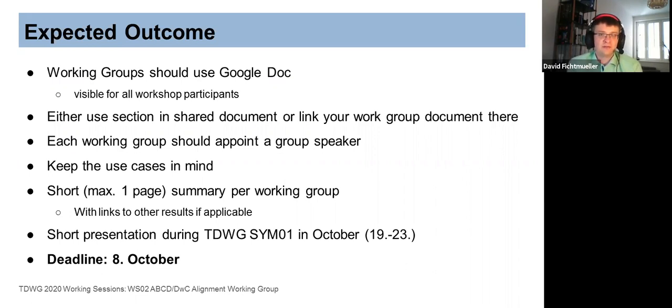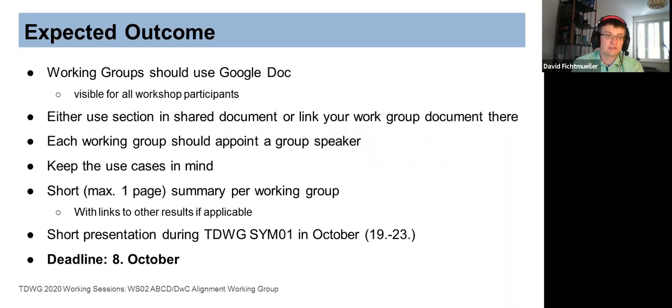First of all, we would like to continue the work in this open collaborative fashion that the session itself is already using. So the idea would be that the working groups themselves continue to use the Google document, and you can either do this by adding a new section at the bottom of the document for your working group, or just linking to another shared document and do your work there.